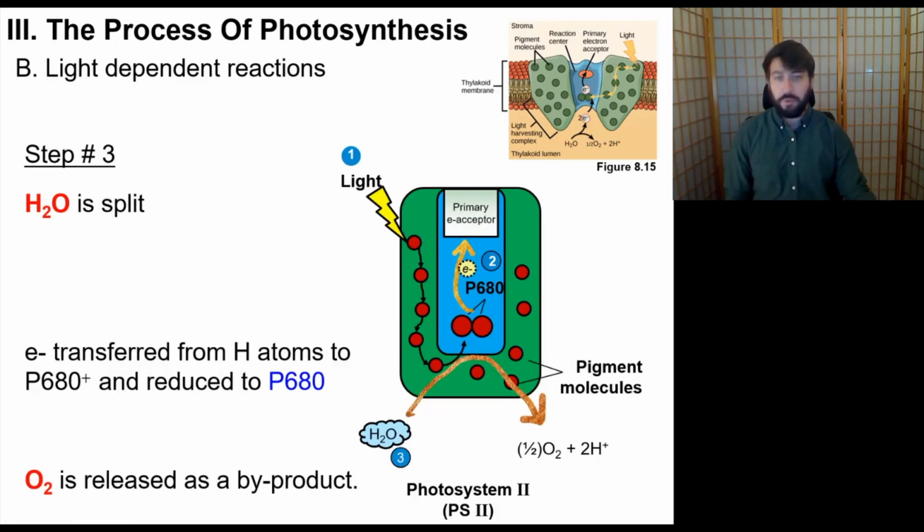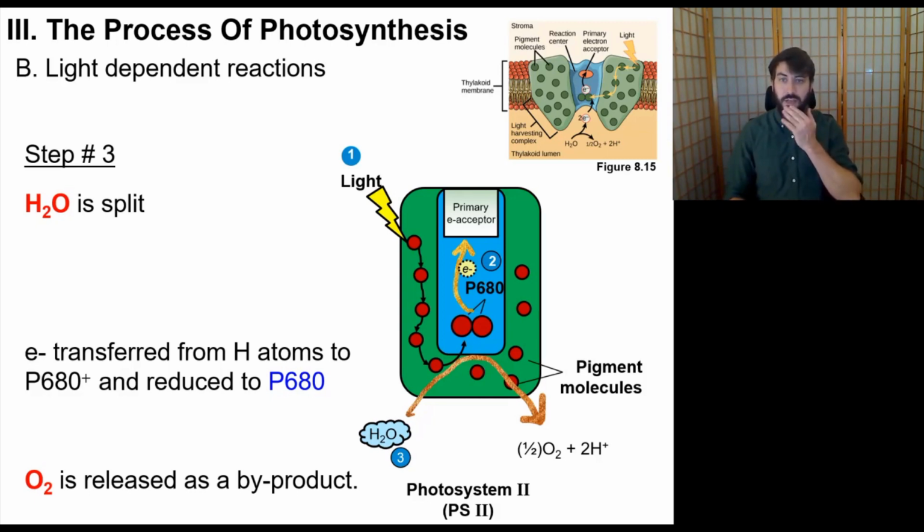Now, before we figure out what happens to the electron the primary acceptor grabbed, we need to rectify the fact that we have an oxidized P680 by giving it an electron. In other words, reducing it. So we need to reduce P680+. Where can we get those electrons? Any guesses?